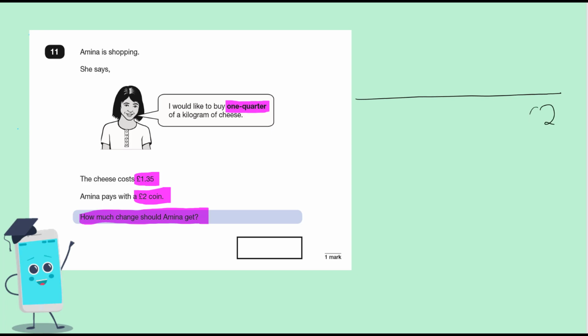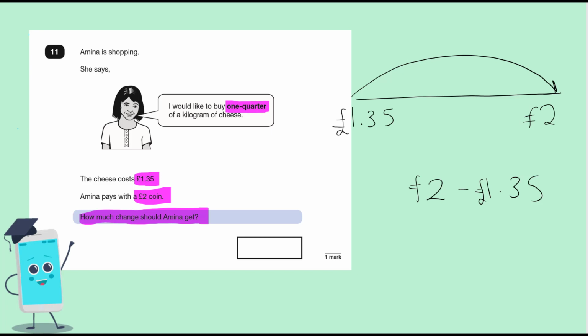There's my £2 and there's my £1.35, and I could find out what the difference is. Or I could do a written method where I do £2 take away £1.35. Now I need to think about how I would set that out.